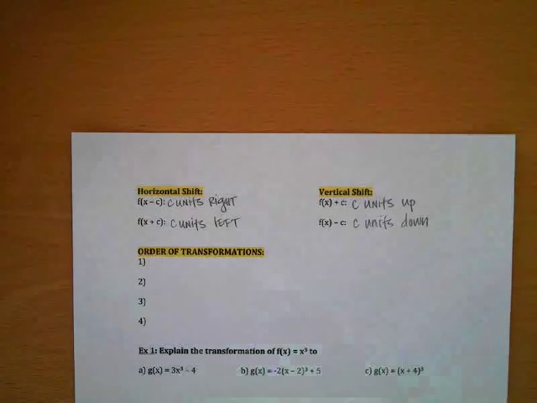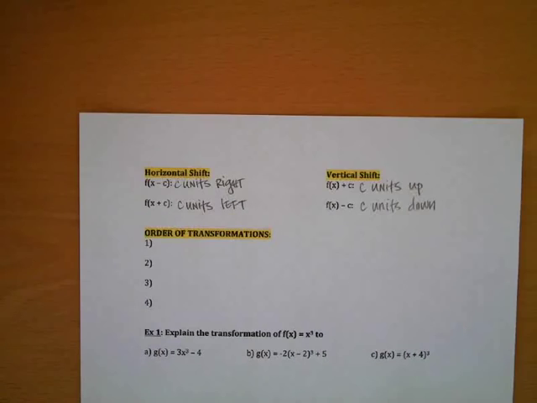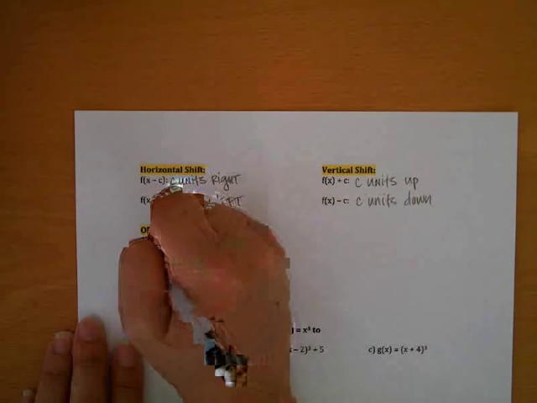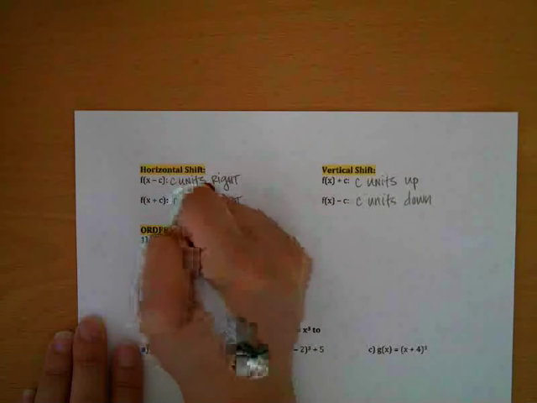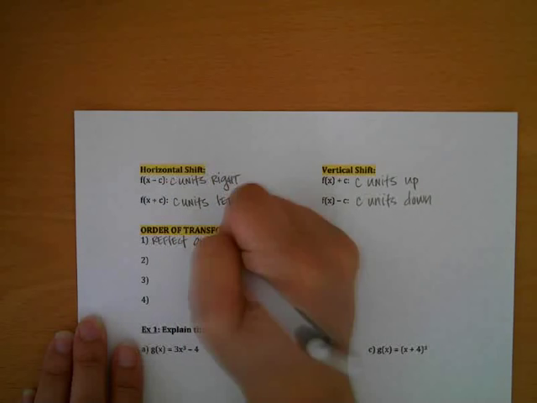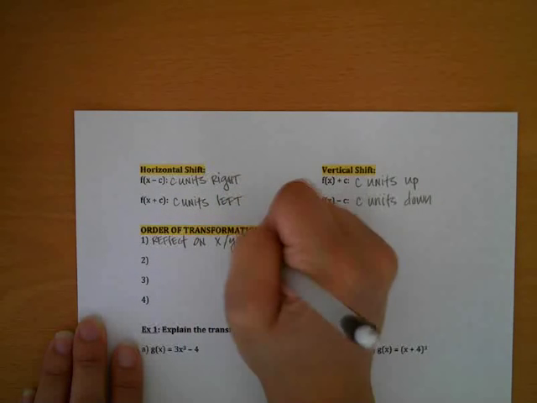So there's a specific order to write all of these transformations, and you have to do it in this specific order when you're translating all of the points to graph it. The first one, you would write down what it reflects on, if any. So you'll say reflect on the x or the y axis.